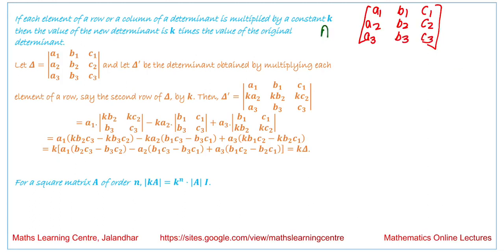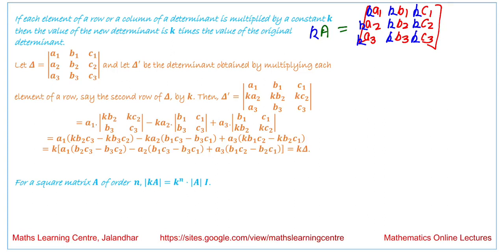If I multiply this matrix with K, then every element of this matrix is multiplied by K. But this is not the case with the determinant.